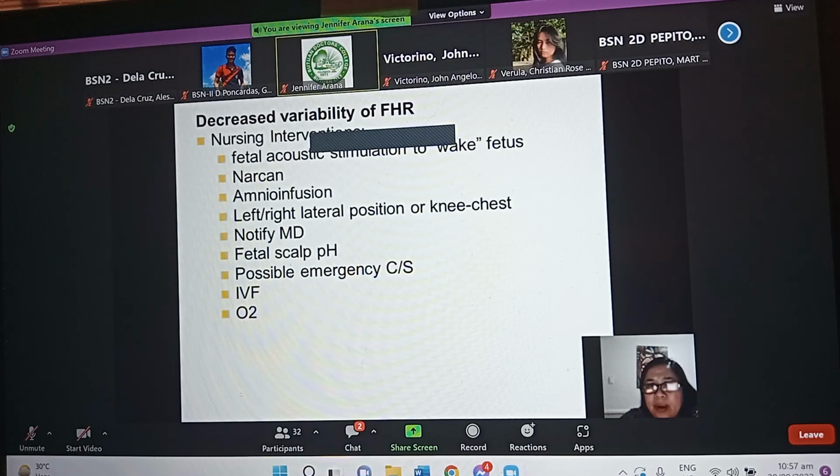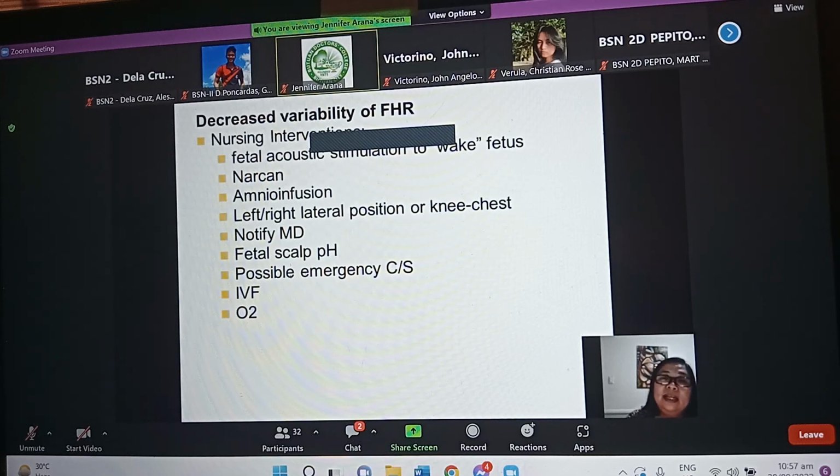So, what do we do when there is decreased variability? We do a fetal acoustic stimulation to wake the fetus. In this intervention, we usually use a vibroacoustic stimulus such as an electronic larynx or artificial larynx applied either externally or directly to the fetus.